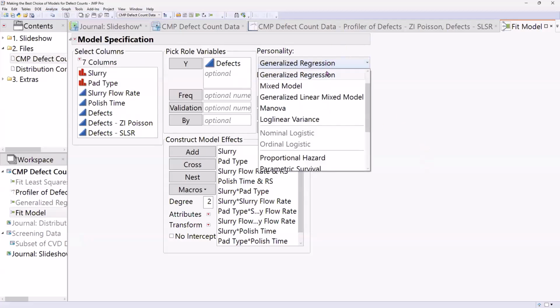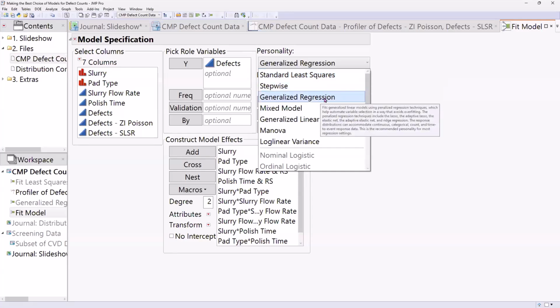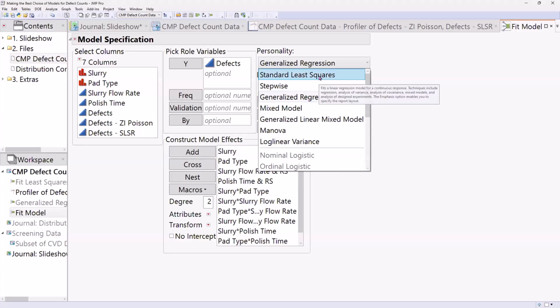And we'll explore the standard least squares personality, which is available in both JMP and JMP Pro, and the generalized regression personality that is available in JMP Pro. So anytime I'm talking about generalized regression, we're looking at some of those reports. That's a JMP Pro feature, part of the fit model platform, and standard least squares, again, is available to everybody.